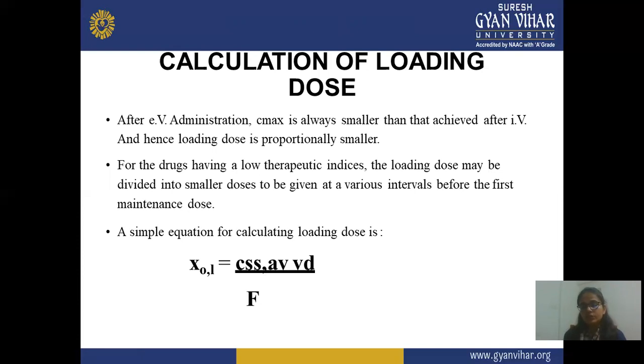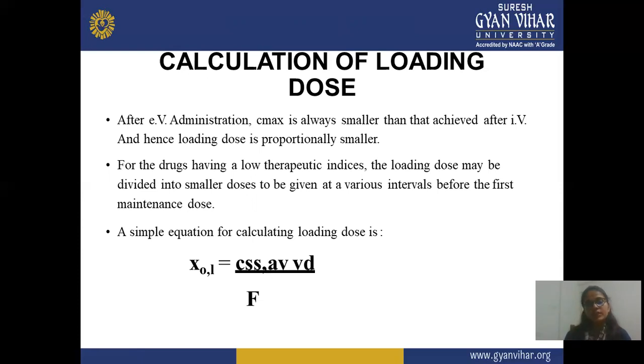In this case, you divide your dose into multiple smaller doses and take them at various time intervals, with some gap between one dose and the next, before taking the maintenance dose.